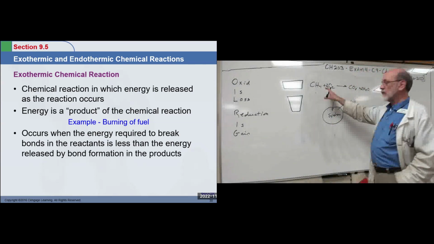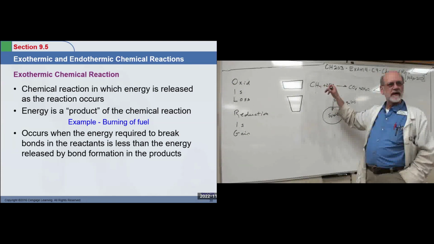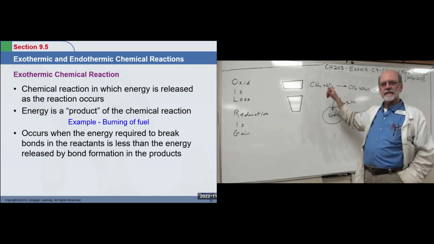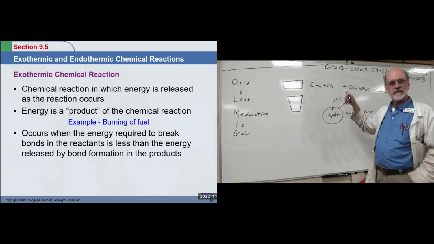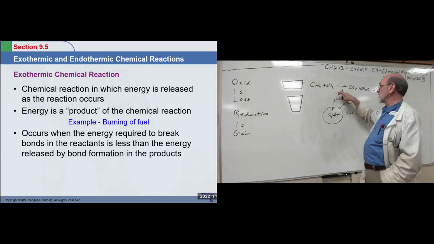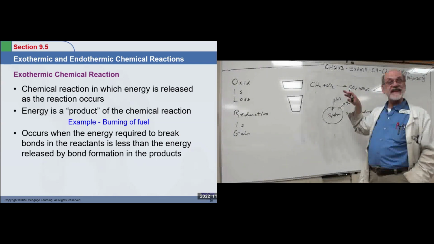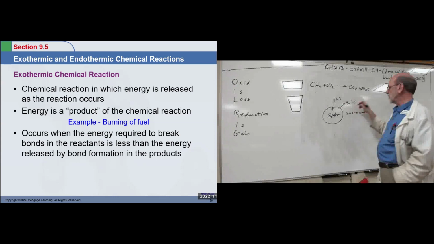We know that when we burn methane, if you've got a gas stove at home, now assuming you're not using propane, if you're using natural gas from a trunk line, then it's going to be methane. So methane and oxygen is going to produce carbon dioxide and water and give off heat. So we know it's exothermic. Exo means out of.